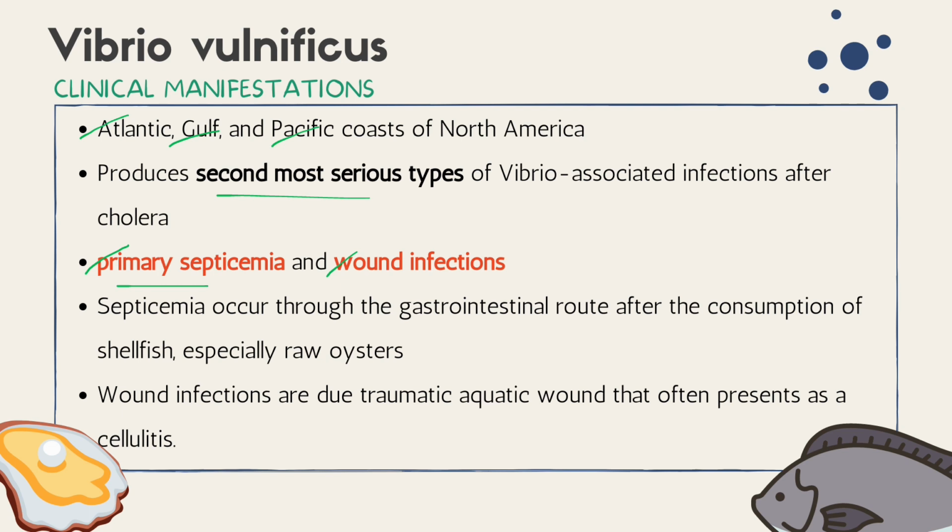There are cases where this wound infection may progress to cellulitis and, even worse, necrotizing fasciitis. Septicemia occurs through the gastrointestinal route after consumption of shellfish, especially raw oysters, as I mentioned earlier. And for wound infection, this is due to a traumatic aquatic wound.